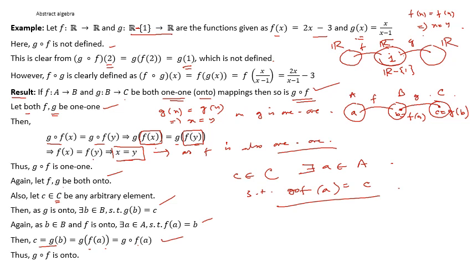So we see that if f and g are both 1-1, then gof is also 1-1, and if f and g are both onto, then gof is onto, and therefore clearly if f and g are both 1-1 and onto, then gof is also 1-1 and onto, that means gof is bijective.